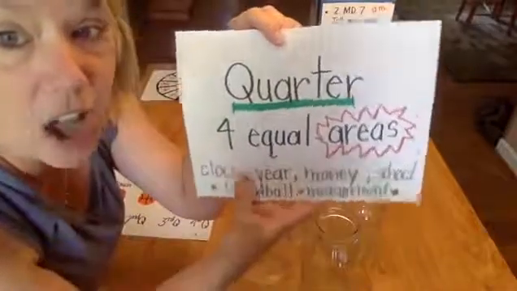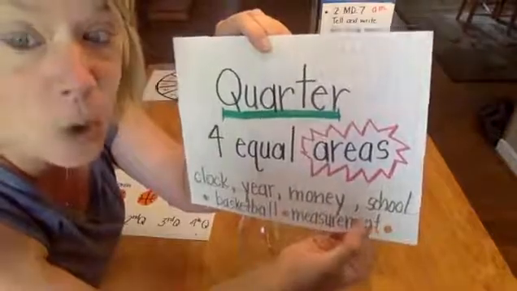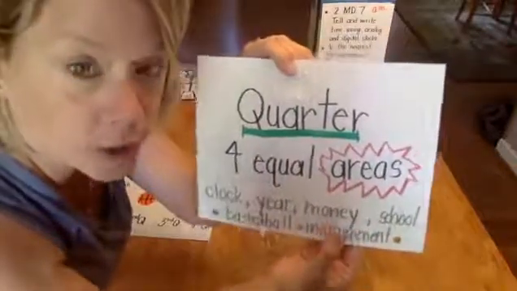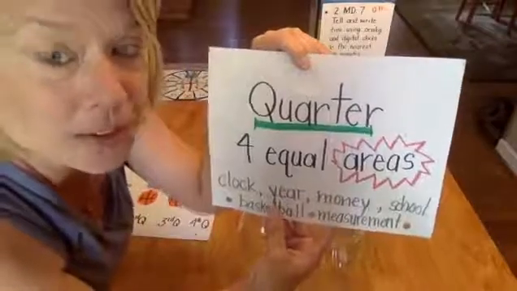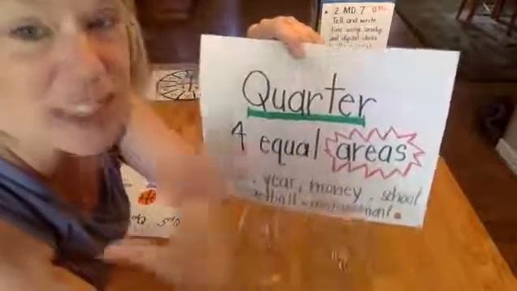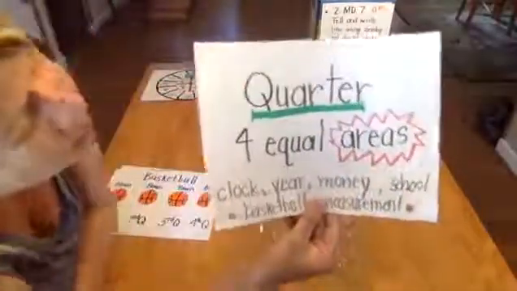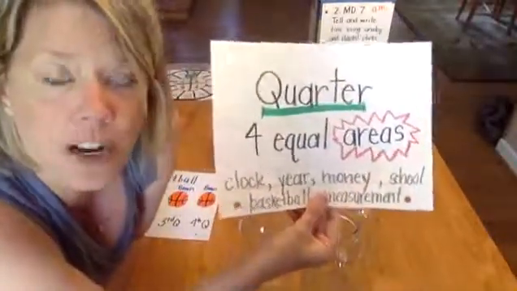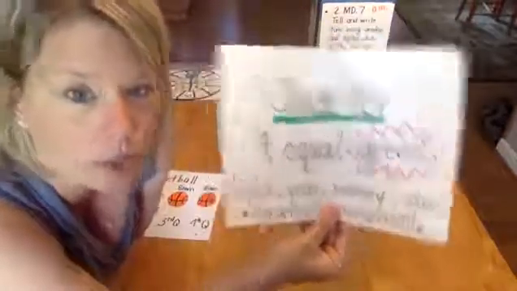That could be in clocks, in a year, in money, at school, like first quarter, second quarter, third quarter, fourth quarter, basketball, and in measurement. There are lots of different ways to think about a quarter, but we think of 4 equal areas to make up one whole unit.